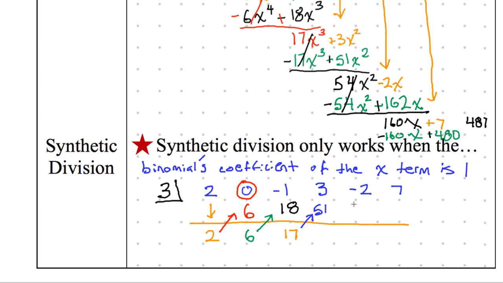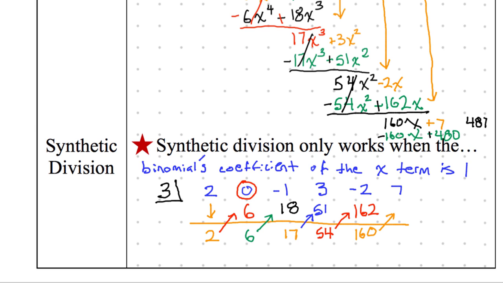54 times 3, 162. 162 plus this negative 2 is 160. 160 times 3, 480.